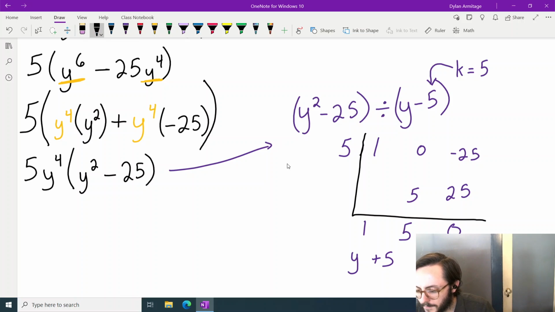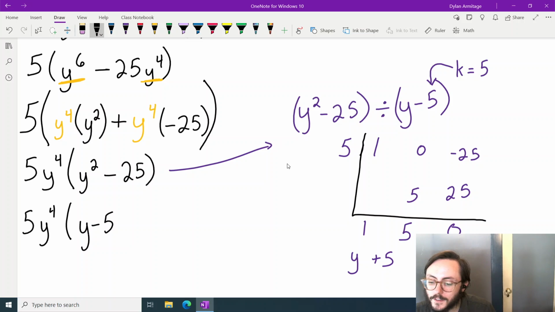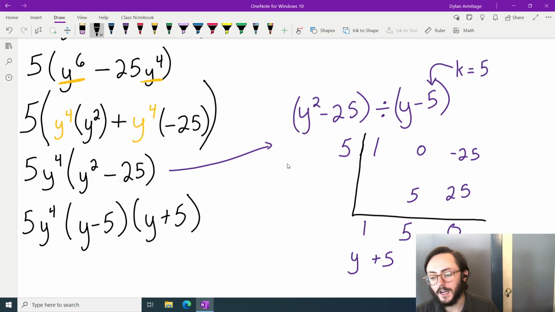So we have 5y to the 4th, and we know that y minus 5 was a factor, and when we divided, we had our quotient as y plus 5. y minus 5 times y plus 5 gives us y squared minus 25. You might notice a little pattern there.